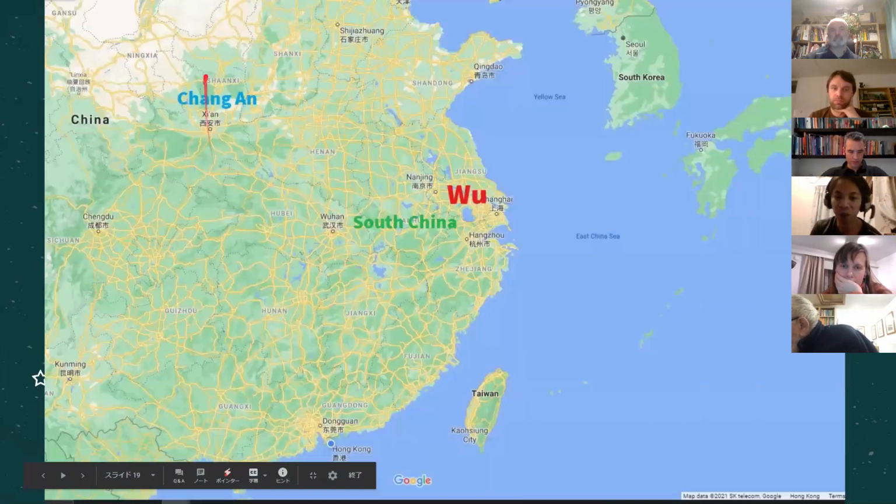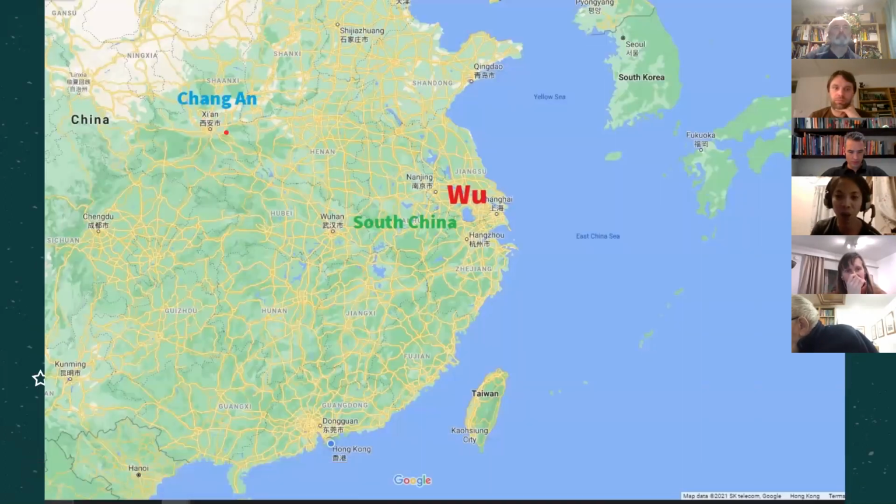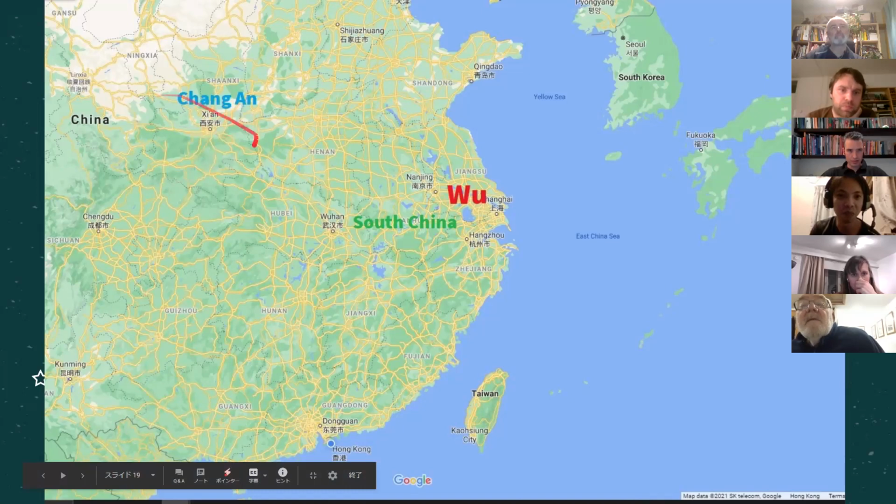The capital of Tang, Chang'an, or Chou'an if I say it in Japanese, is right here, near modern-day Xi'an. That's where you can see the terracotta warriors. So that's the ancient capital of the Tang Empire.